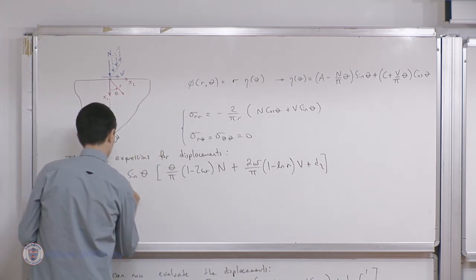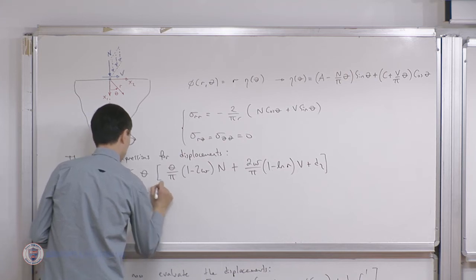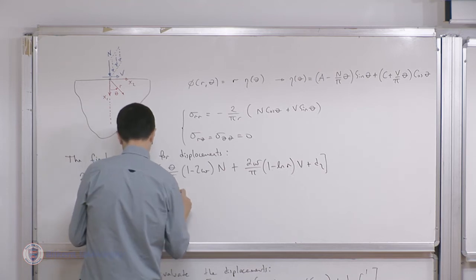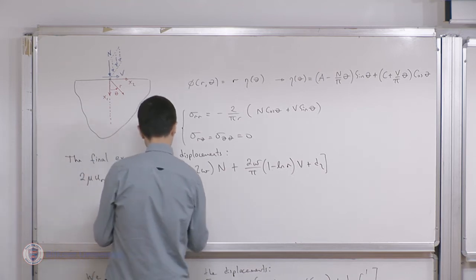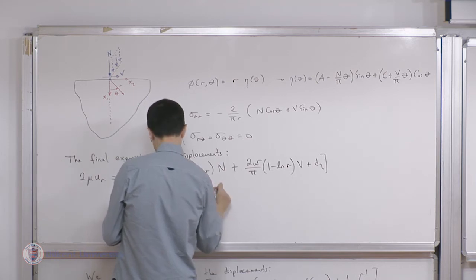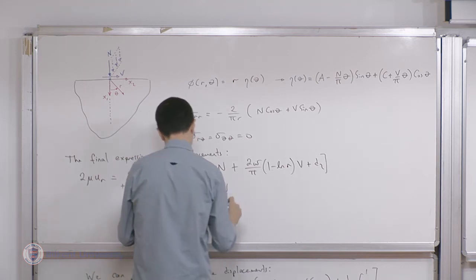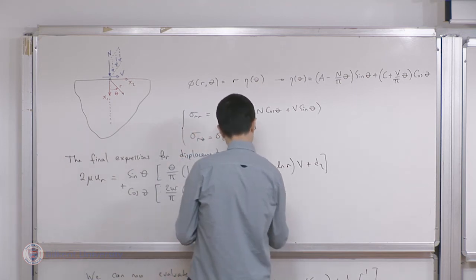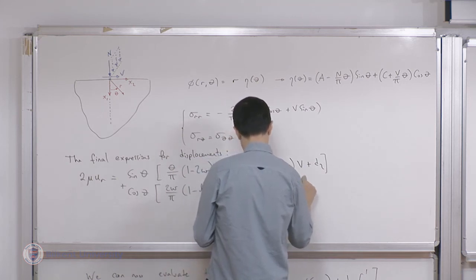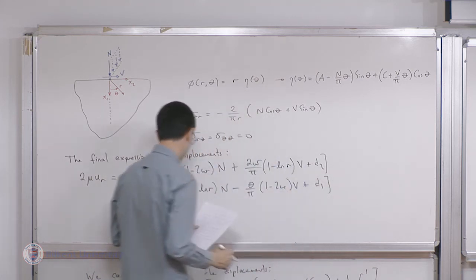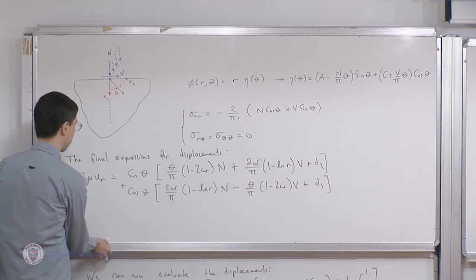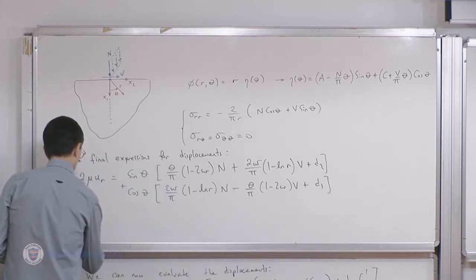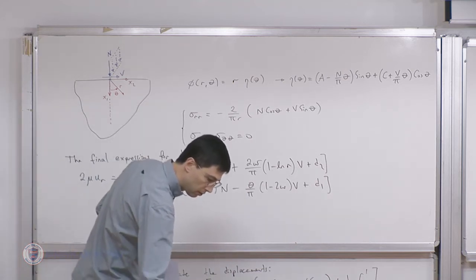Okay, let me first write, and then I will double check to make sure that I've written correctly. So that's the sine term, and then the cosine term. Let me write U theta with a different color so that it stands out a little bit, at least.